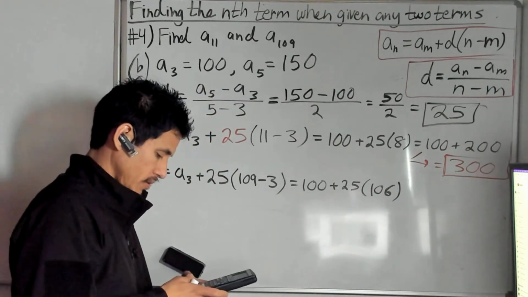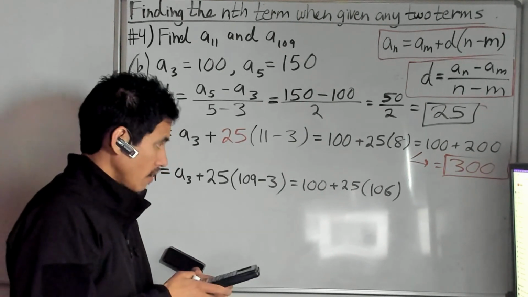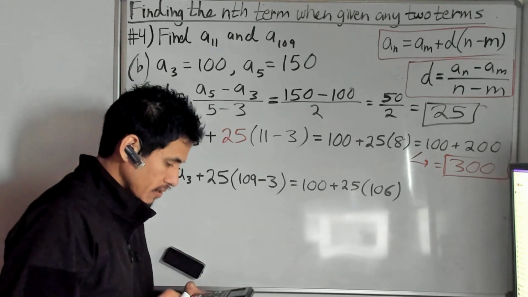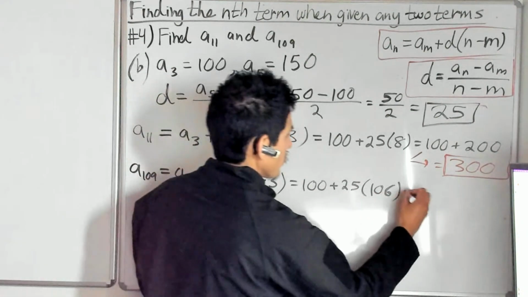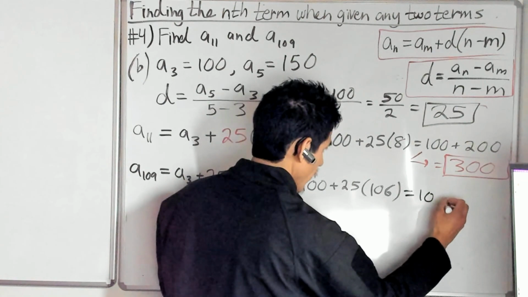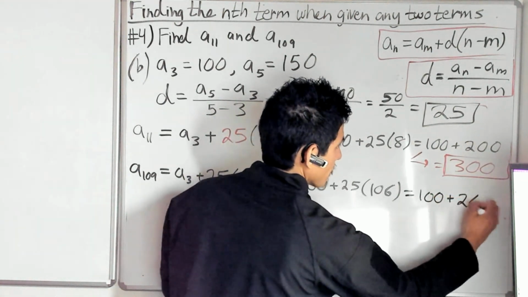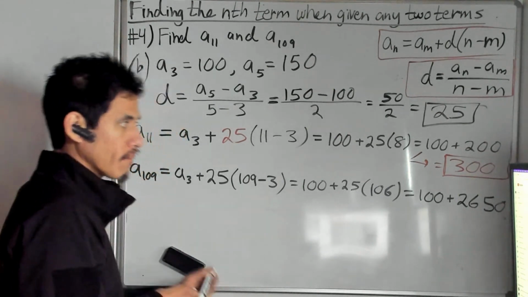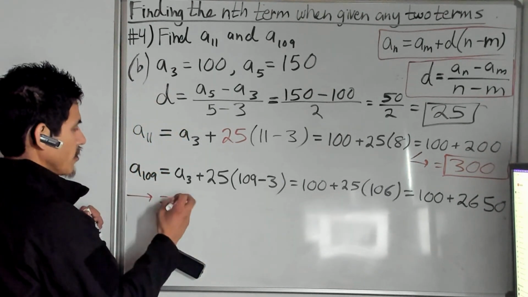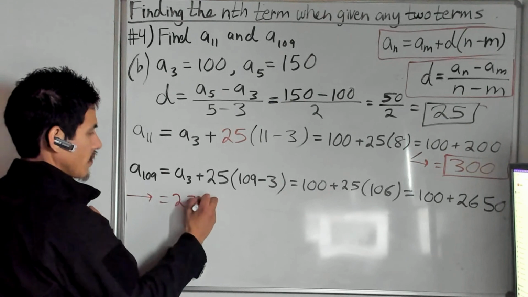The calculator was, again, feeling neglected, so I'm going to use it to make it feel important. So we got 100 plus 2650. And we'll get that A109 is 2750.